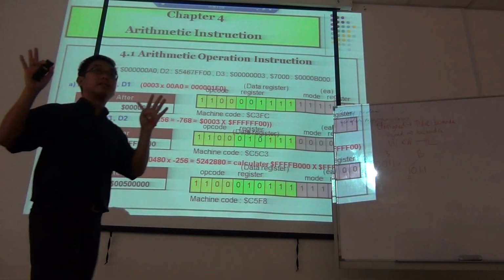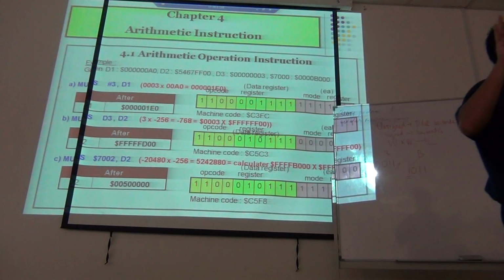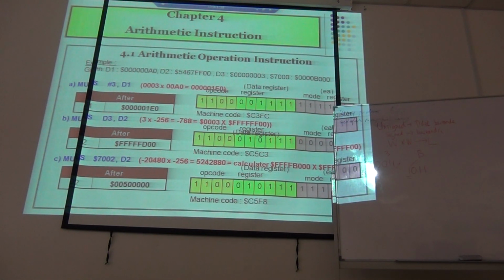Agree? Sign number bermaksud dia boleh jadi positif atau negatif, kamu ada simbol positif ataupun negatif. Sign number ialah nombor yang berkaitan dengan positif ataupun negatif values.